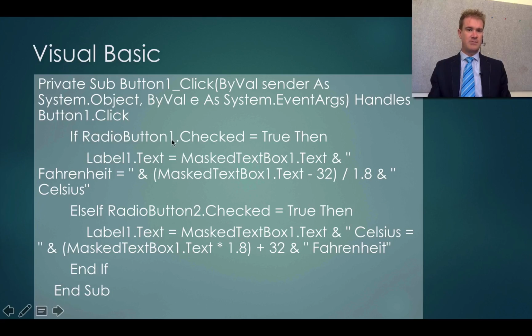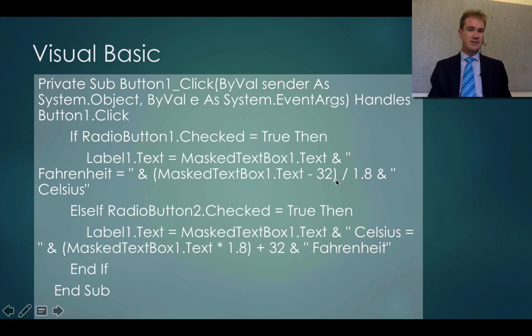So if radio 1 button dot checked equals true, then label 1 dot text, which is where we're writing our answer, equals masked text box 1 dot text, and Fahrenheit, which is our variable, equals masked text box 1 dot text, which is what they've entered. Remember, masked text box is where they enter the number, minus 32 divided by 1.8.